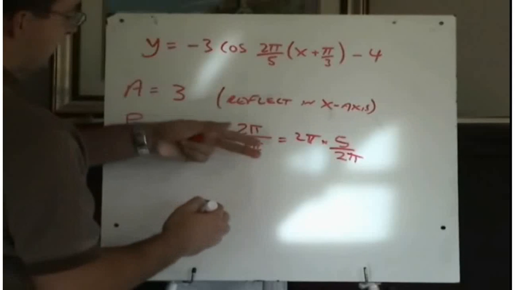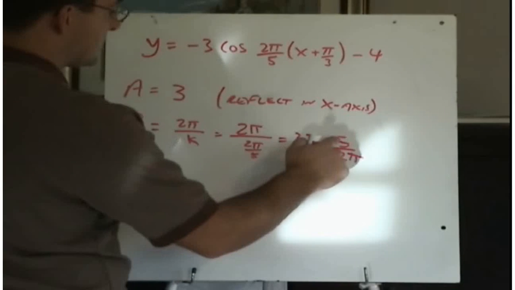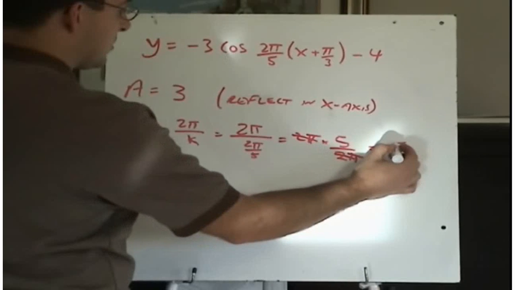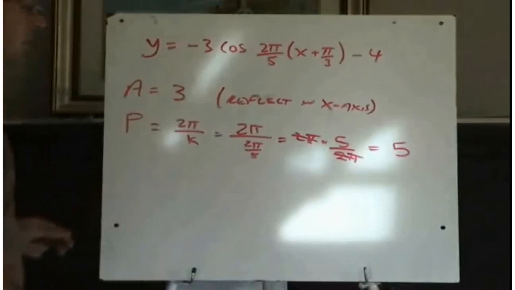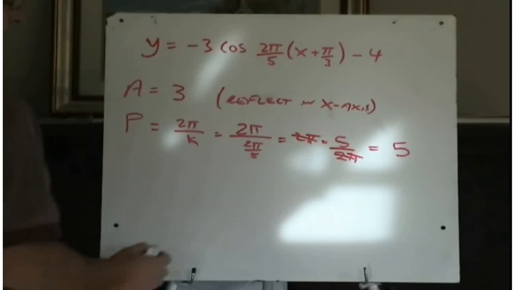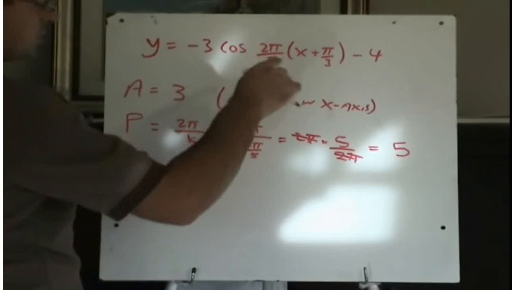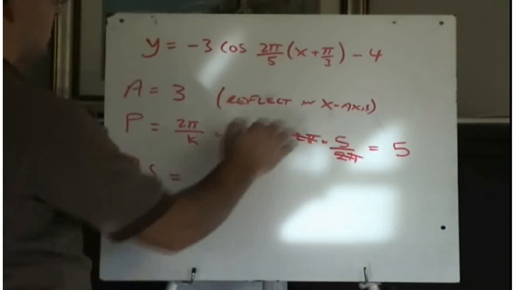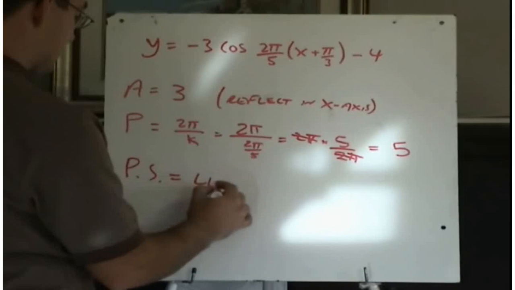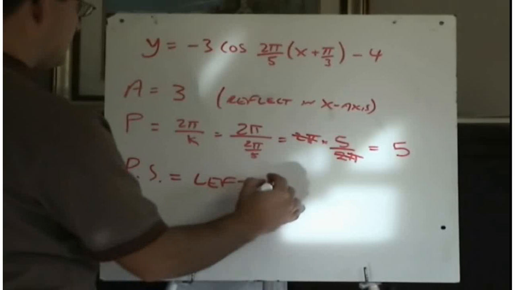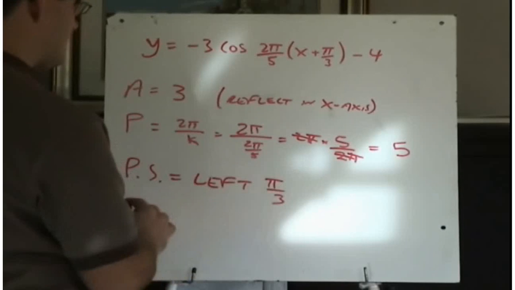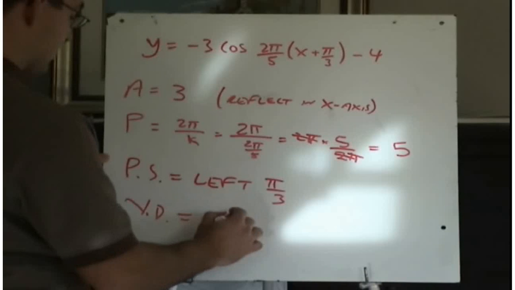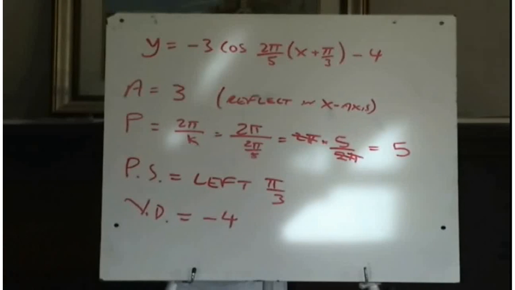So if I flip the denominator, it's 2 pi times 5 over 2 pi, and these conveniently cancel out. So the period of this function is 5. It's going to take 5 units to do one cycle. Then the rest, phase shift would be left pi over 3, and the vertical displacement would be -4, or down 4.